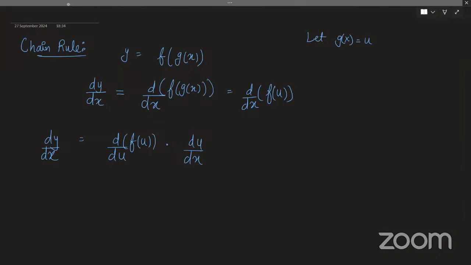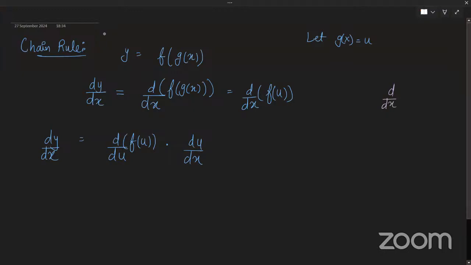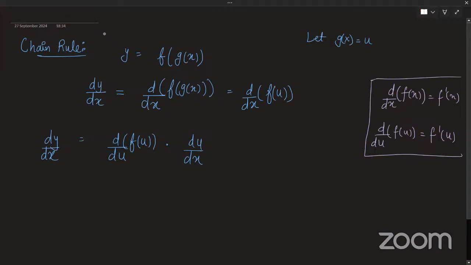Can anyone tell me, if d by dx of f of x is f dash x, then d by du of f of u will be what? F dash u. Great. So we have just changed the variable from x to u. Everyone is able to think about this, right?